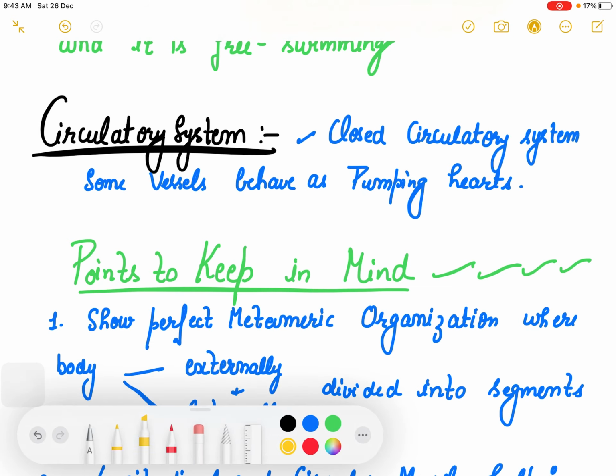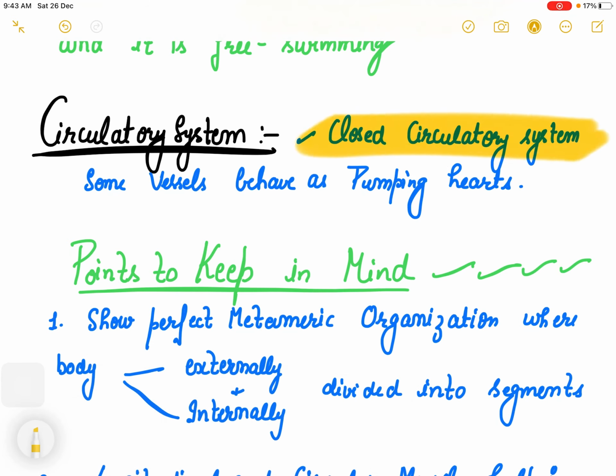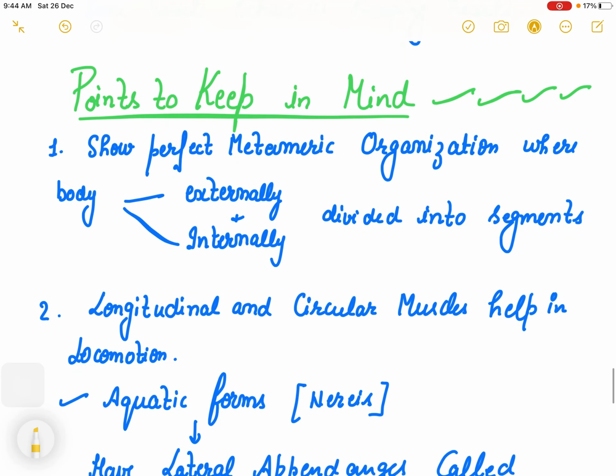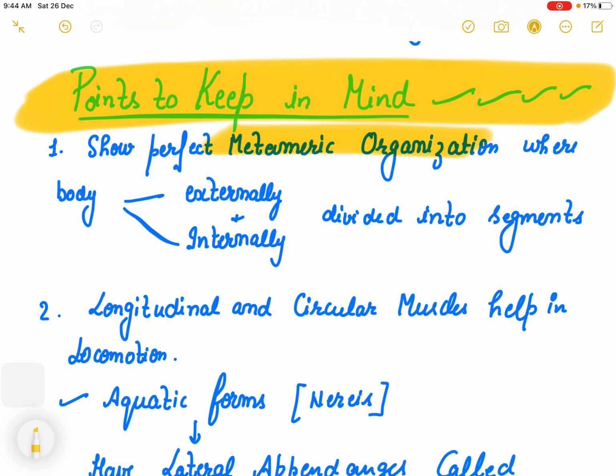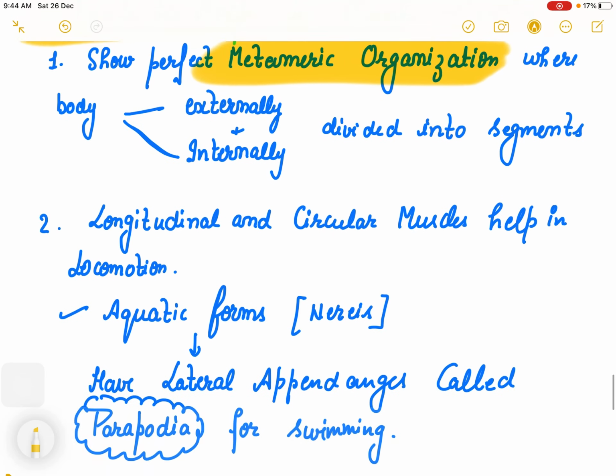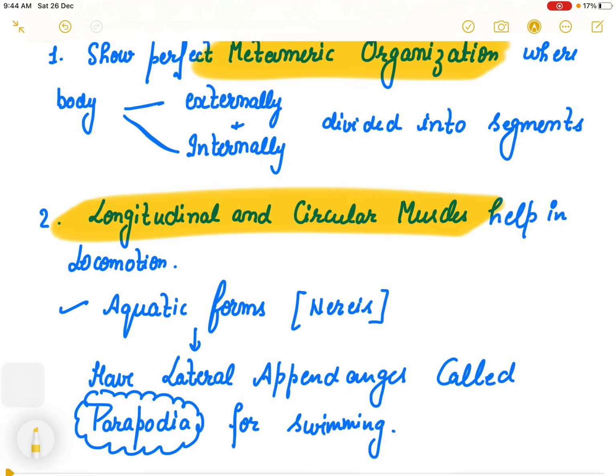A closed circulatory system is observed here, because vessels have been introduced, and some vessels behave as pumping hearts. Although a very well developed heart is not there, the vessels have been introduced, so the circulatory system is closed type. So quick recap points to keep in mind when reading annelids: metameric organization, segmented body, longitudinal and circular muscles.